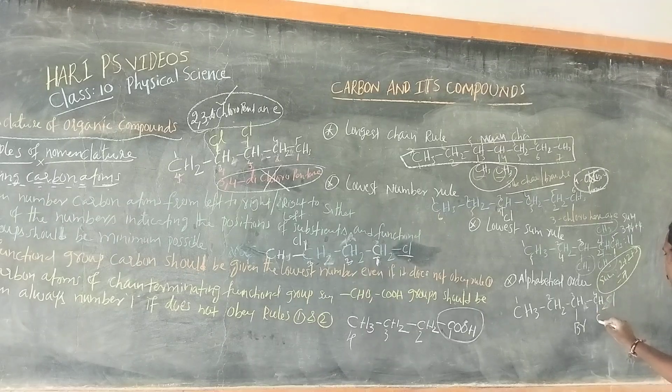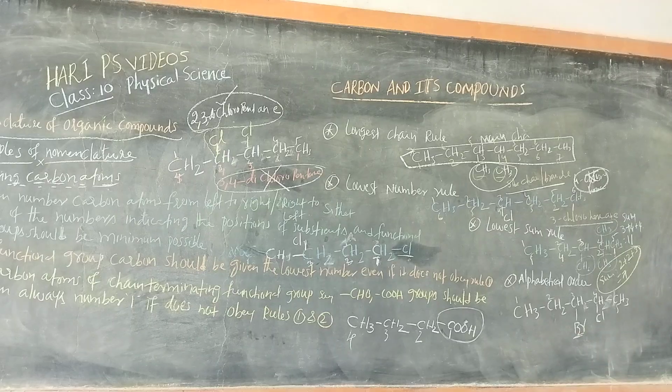One more, Cl, CH3. Here 1, 2, 3, 4, 5, 5 carbons. How many substituents? Two different substituents are there, so we need to follow alphabetical order.